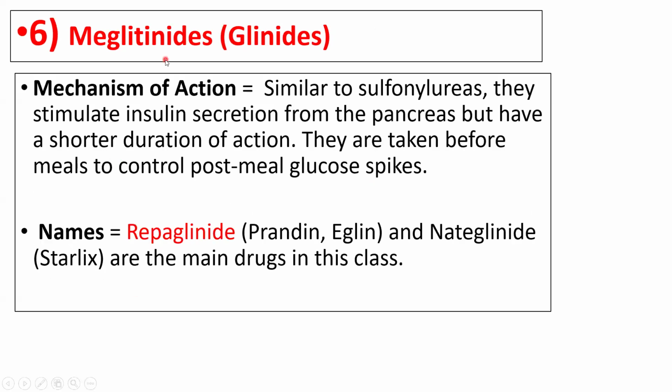Next is the meglitinides, that is glinides. Similar to the sulfonylurea, they stimulate insulin secretion from the pancreas but have a shorter duration of action. They are taken before meals to control the post-meal glucose spike. Many patients, you know, when the patient is diabetic, what do we do?